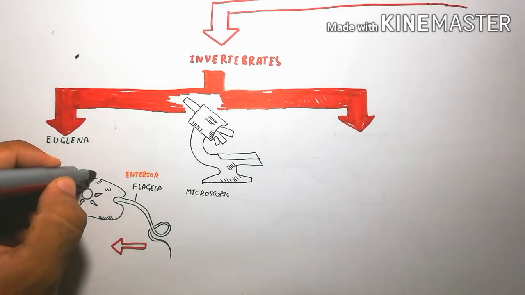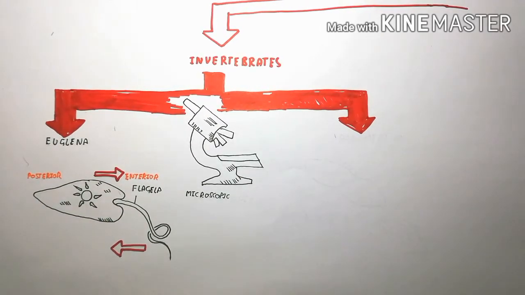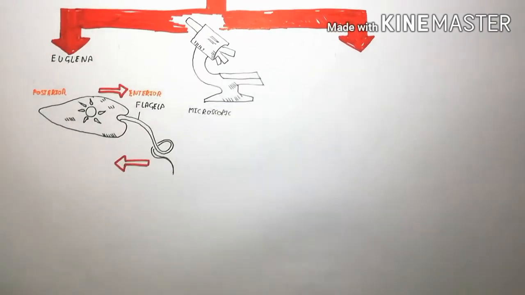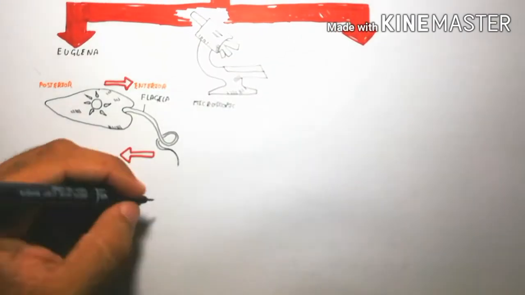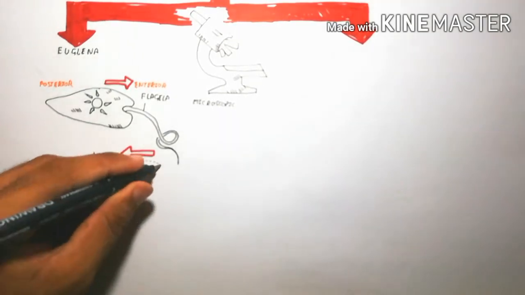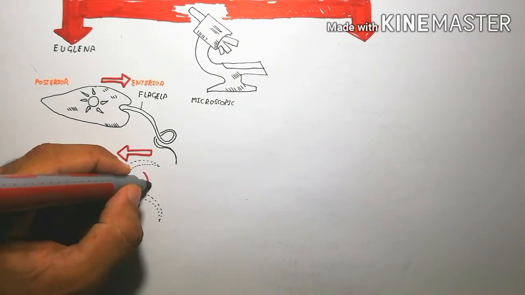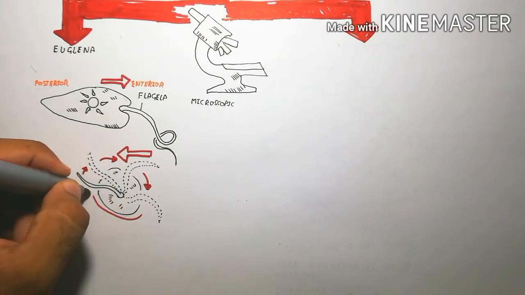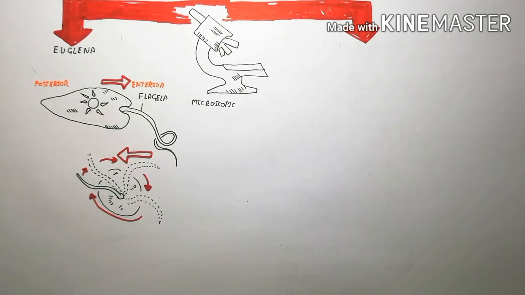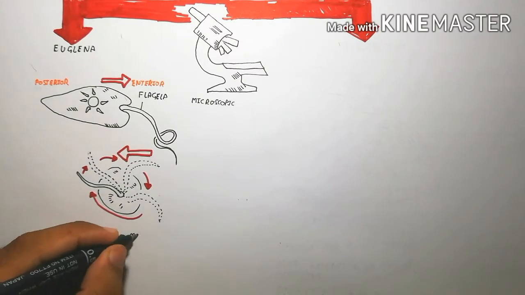Flagella propel backward, and as a result of the backward movement of the flagella, the euglena moves forward. This is a simple way of learning how the flagella move. The flagella first move in an axis and make a rotational movement to increase the velocity, and that motion will increase.